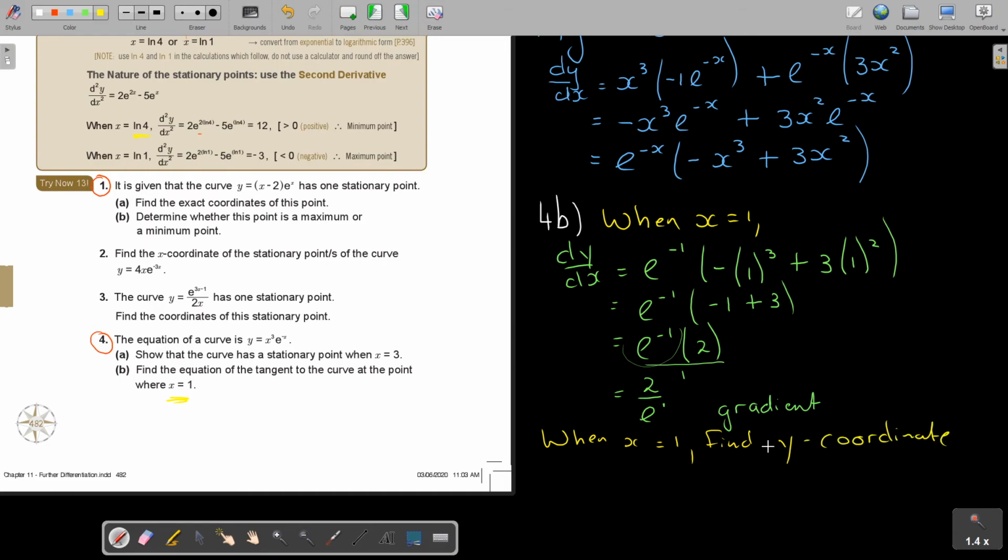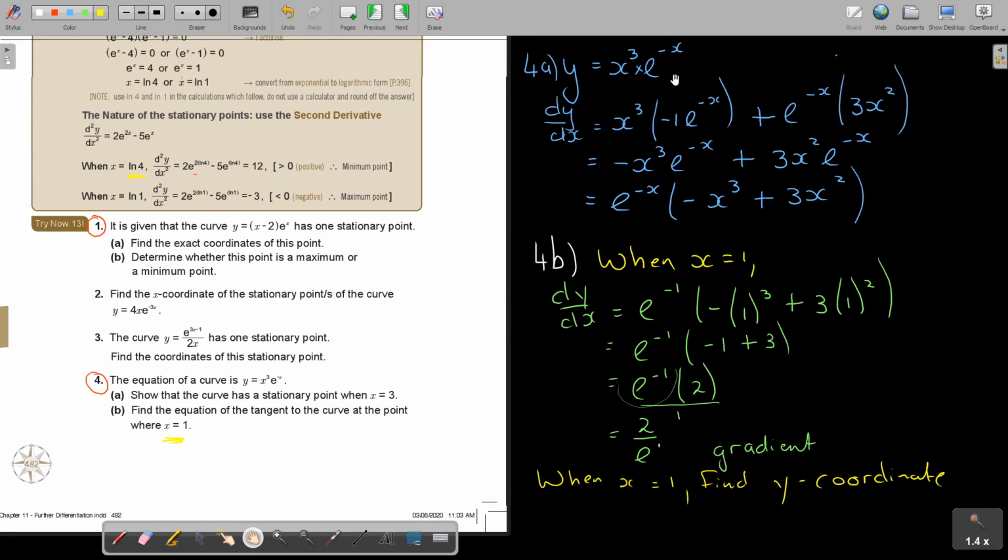But always remember, if you find the y coordinate, you always substitute into the original. There is your original. So I'm going to say y is equal to 1 to the power of 3 times e to the negative 1.